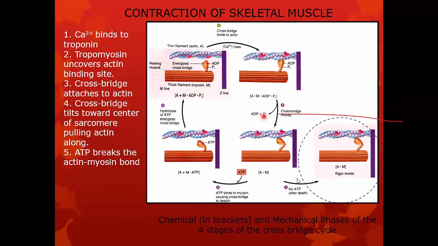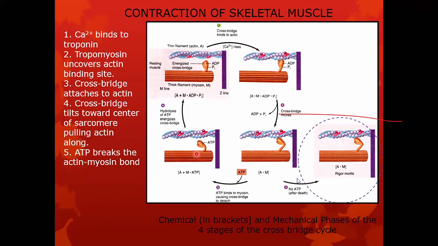When it is not yet sliding, the actin will attach to the binding site of the cross bridge. So ADP plus phosphate will form your ATP. And this ATP is the one that causes the cross bridge to detach from your actin binding sites.